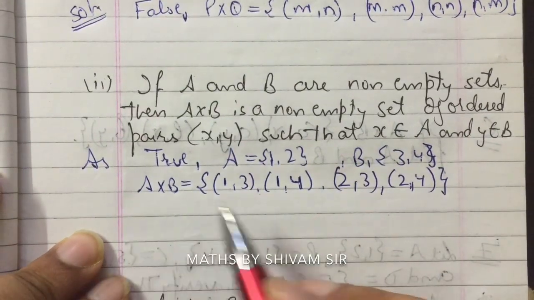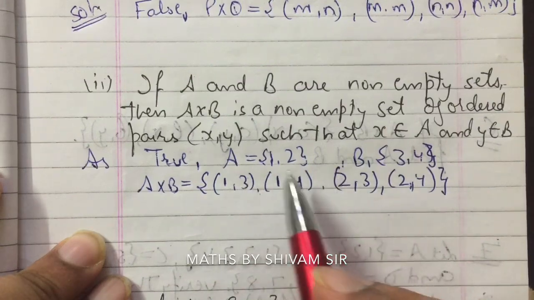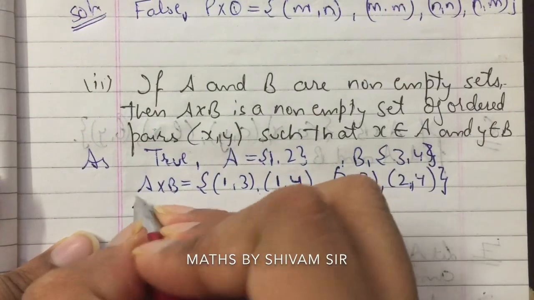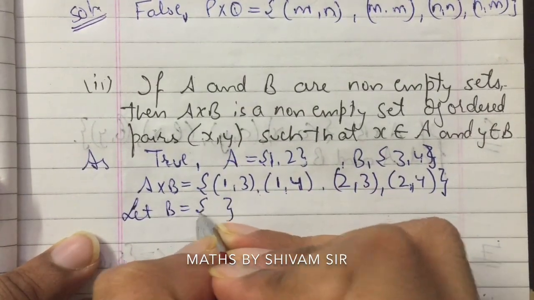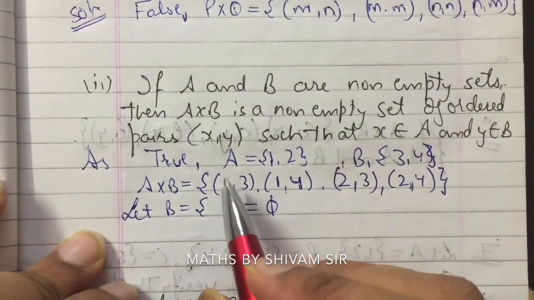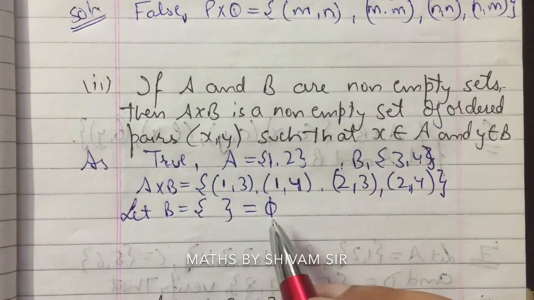Now A cross B has these 4 elements. Suppose these are non-empty sets. Suppose B is an empty set, which we call phi. So A cross B, so 1 cross phi will be phi itself.